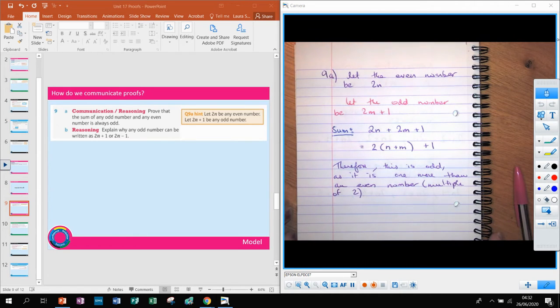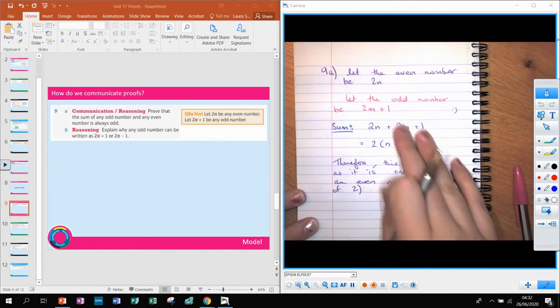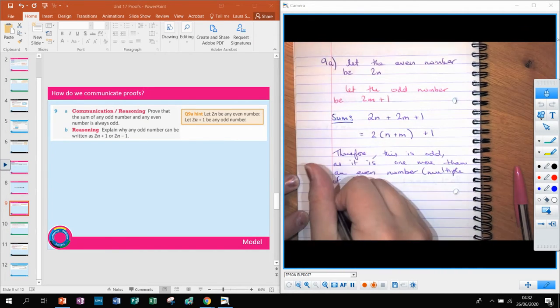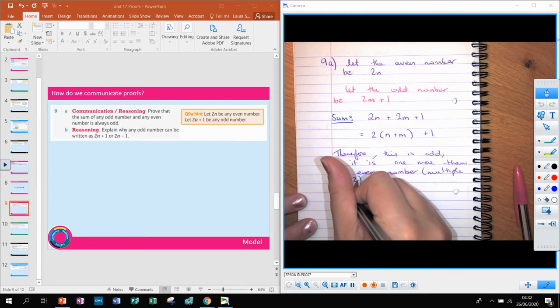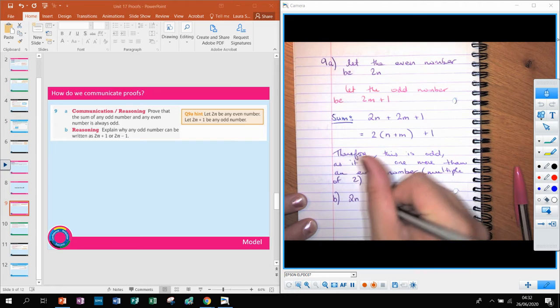Right, then it says part B, explain why any odd number can be written as 2n plus 1 or 2n minus 1. So this is kind of an extension of this. Okay, so we could say that 2n is even.